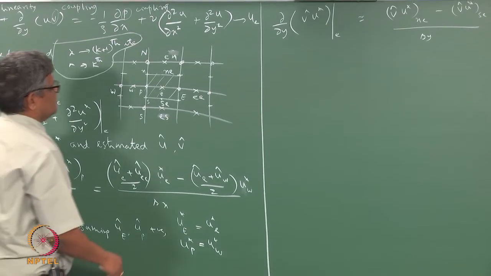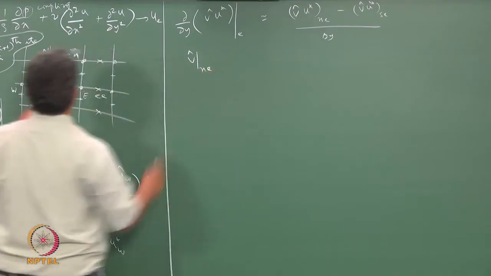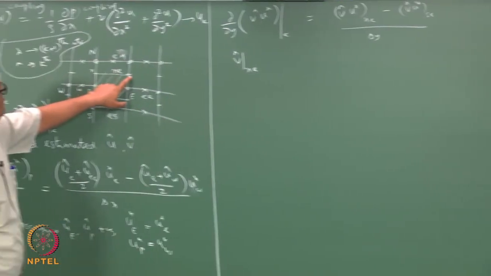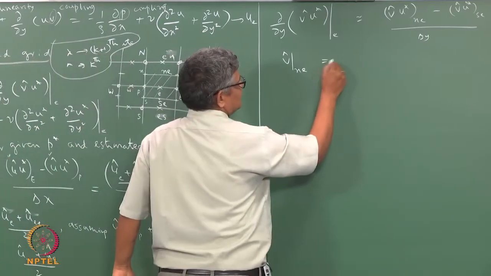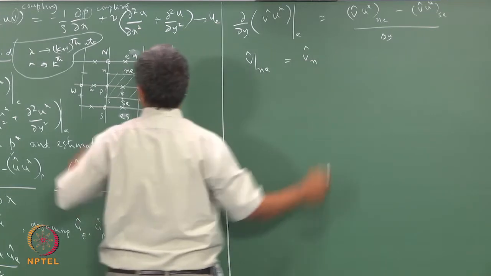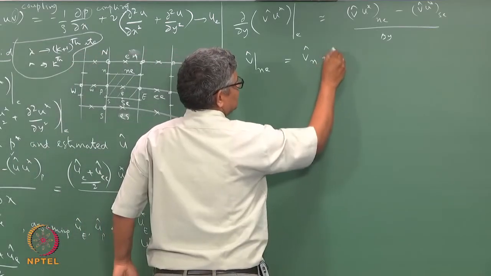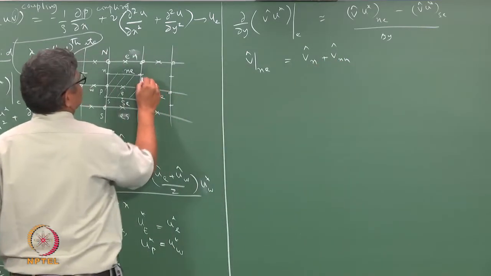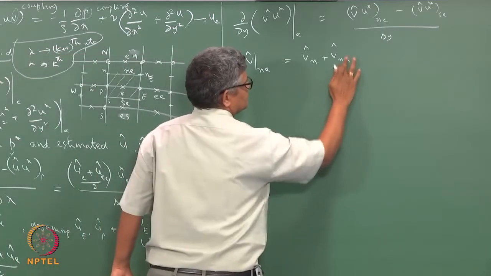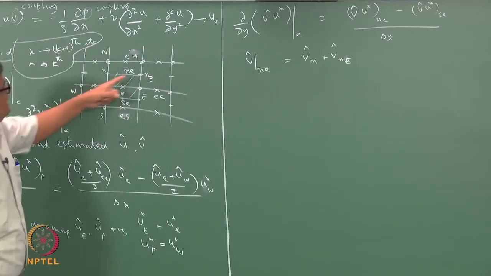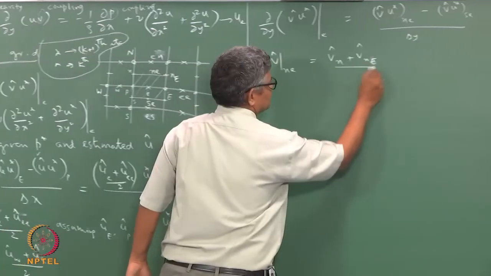So we can say that V hat at NE is the average of V at this point and this point. Okay. So we can call this V hat at N, which is being evaluated here, plus V hat at NN, and we will call this N capital E. So that is V hat at the next point at which velocity is being evaluated, this by 2.